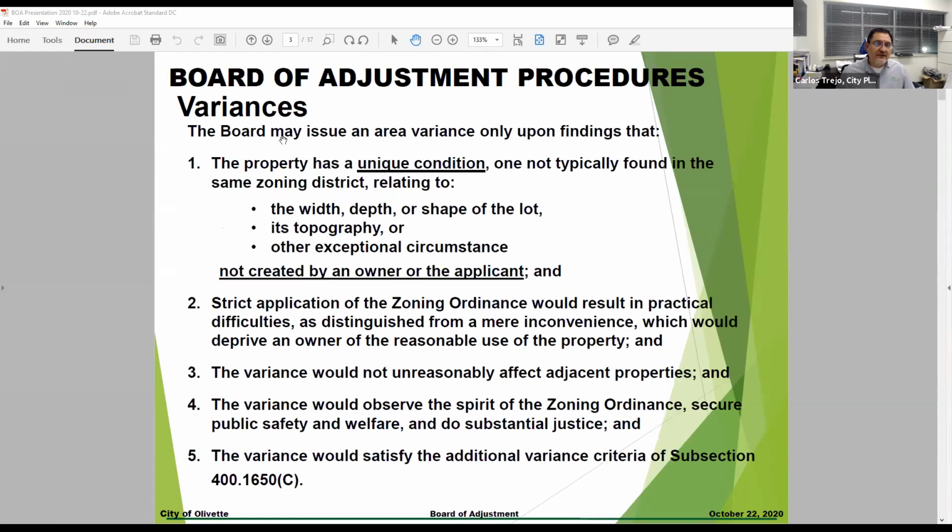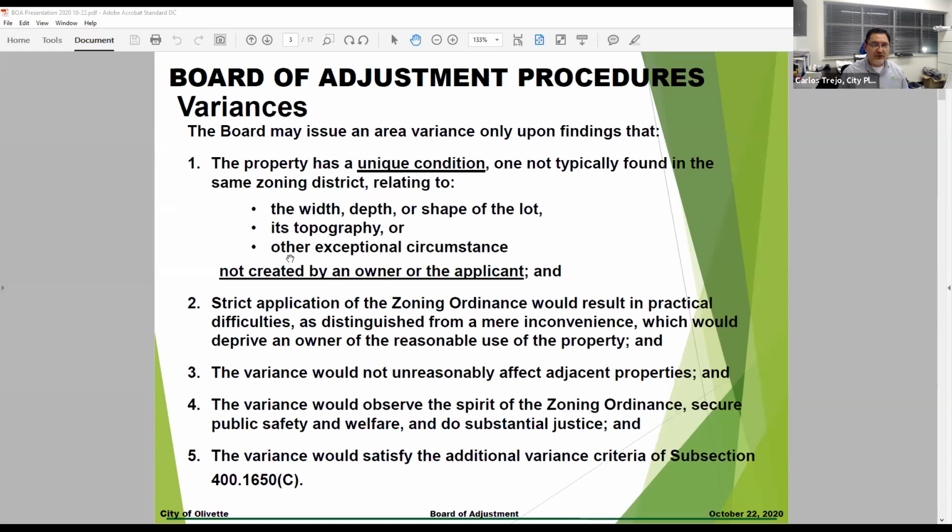Now, a variance is when a property has a unique condition, not one typically found in the same zoning district, relating to its width, depth, shape of a lot, its topography, or some other exceptional circumstance that's not created by the owner, that is so unique to this property that it warrants some relief from the city's common regulations that are applied to everybody else.